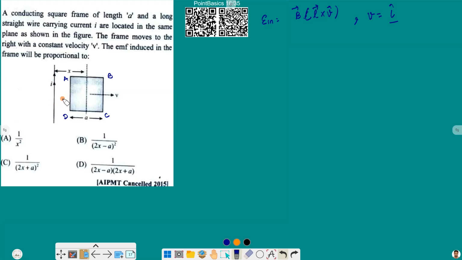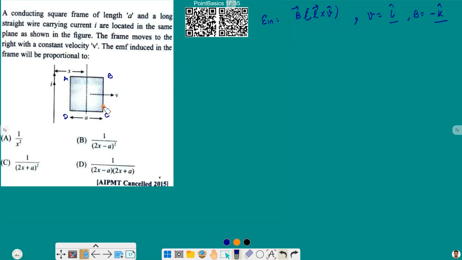Using the right hand screw rule, we can find that the magnetic field due to this wire on the right hand side will be into the page, so it will be in the minus k direction or minus z direction. For side AD, the length is in the y direction, so we can have a value of induced EMF.